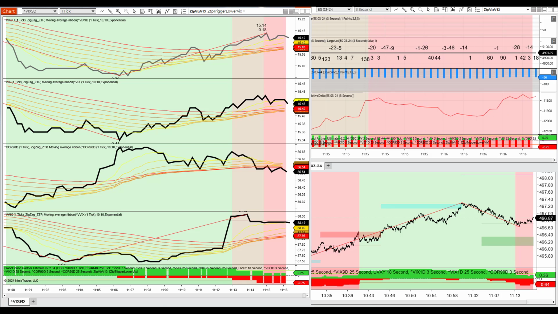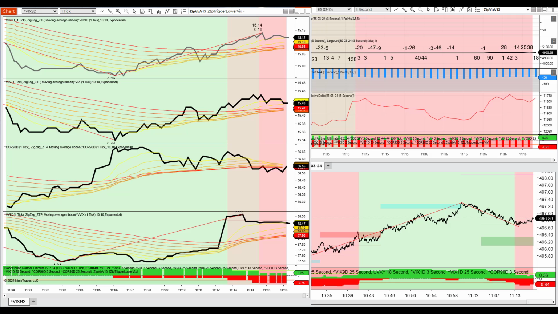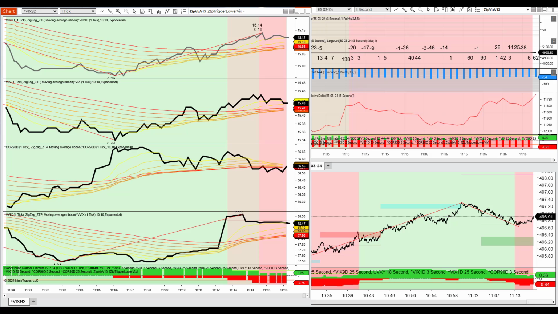Both the VIX and the VIX 90 are both trading above their moving average ribbons, and so is the volume of the VIX. We do have just a slight pullback to the moving average ribbons in the core 90D.